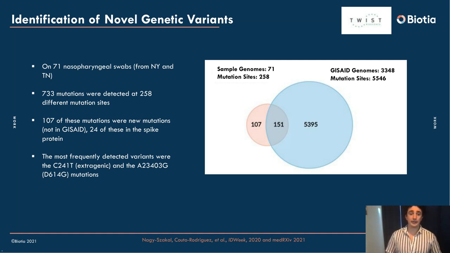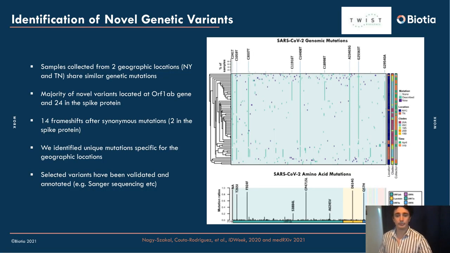And of course, the nice thing is that we can automatically put those samples back up in GISAID so that they're accessible and useful to the broader research community. And this has allowed us to better identify novel genetic variants and identify potential new strains. Well, very potentially new strains at this point.